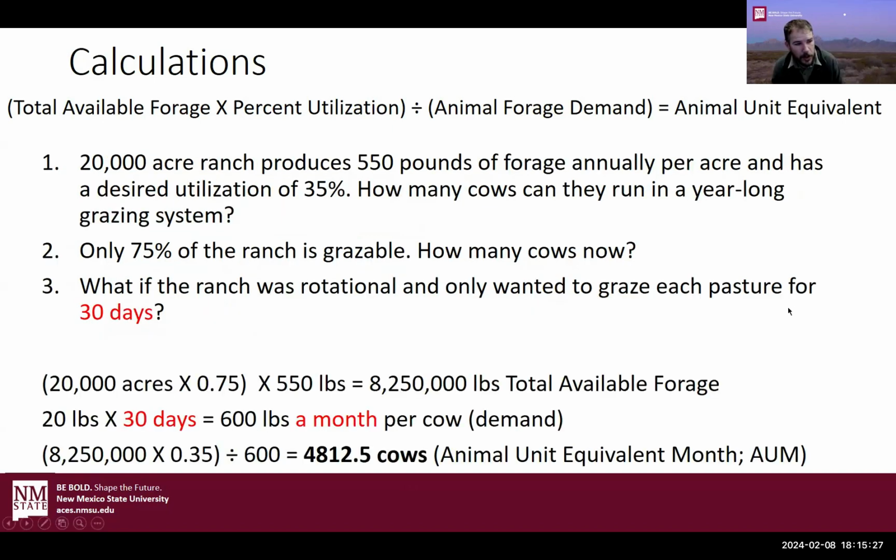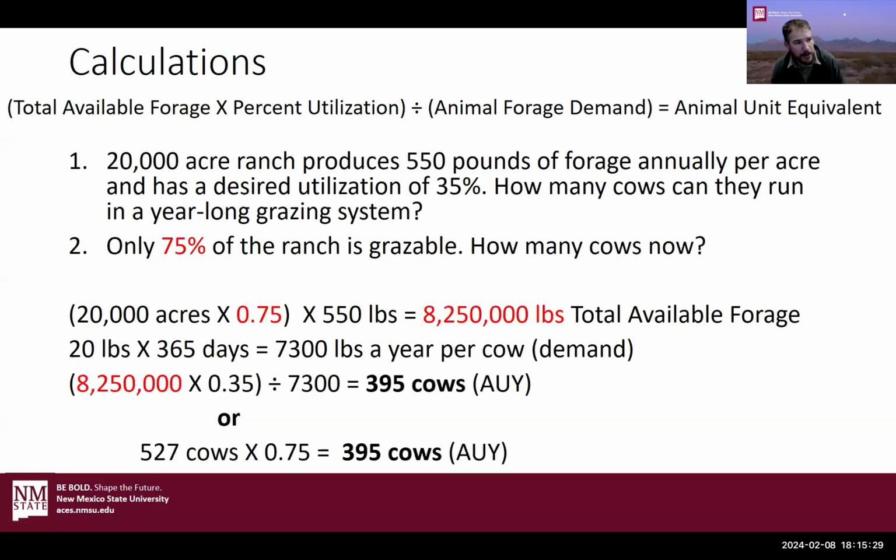You remember the old equations? Let's jump back here. So 365 days. Can you find that in the equation? So 365 days here. So we're dealing with animal demand when we're going with this.